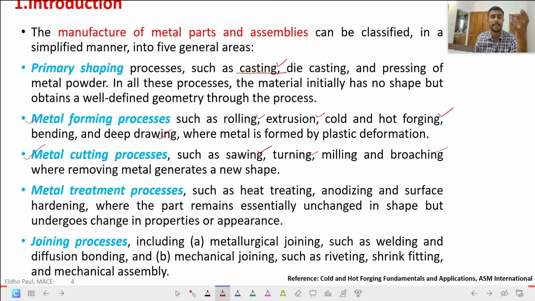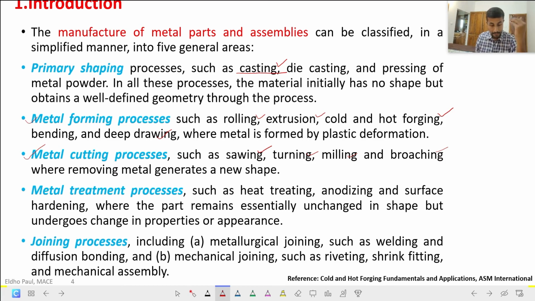These are the metal cutting operations where we remove the material in the form of chips using a machine tool. At the end of the metal cutting process, we get a final product, for example a scale, or a metal part like the door of a car.